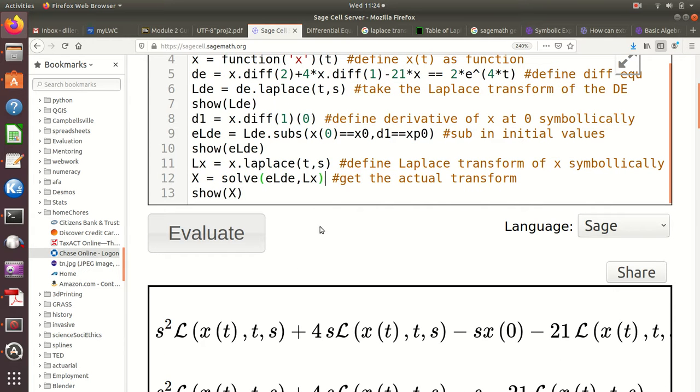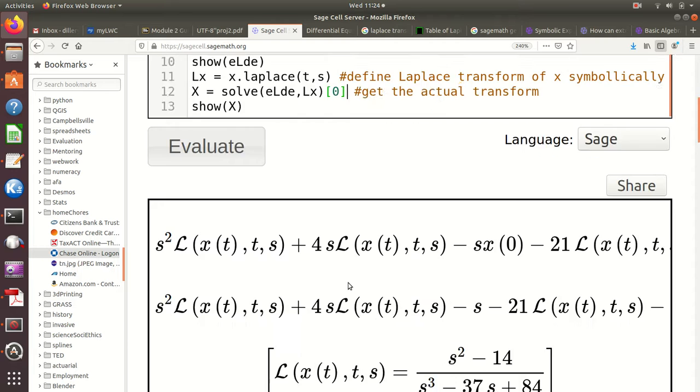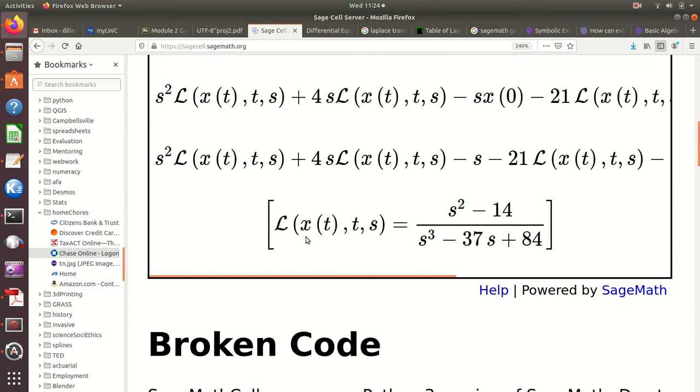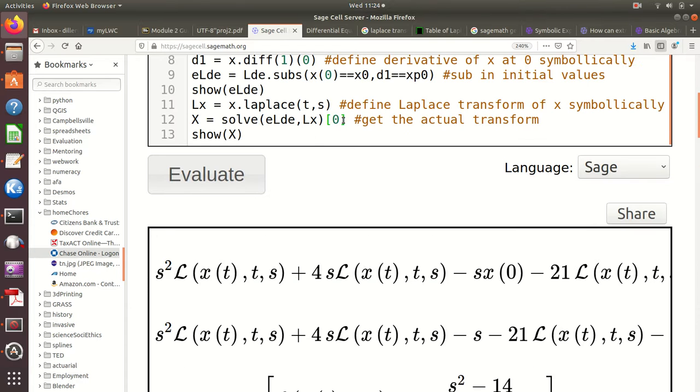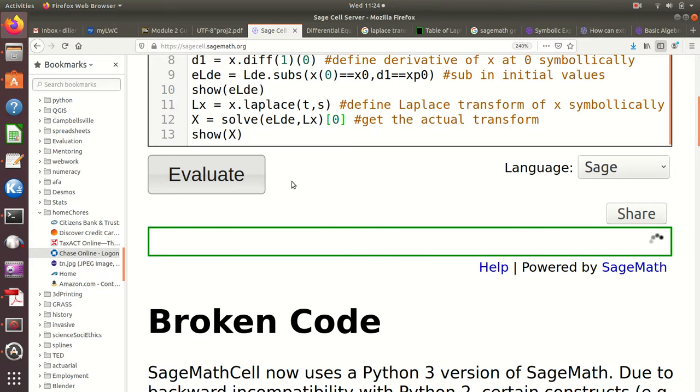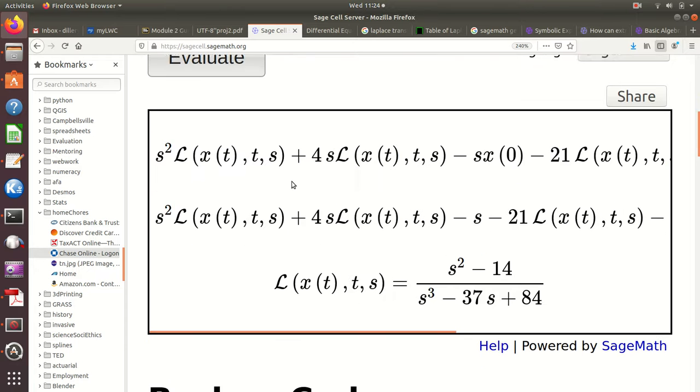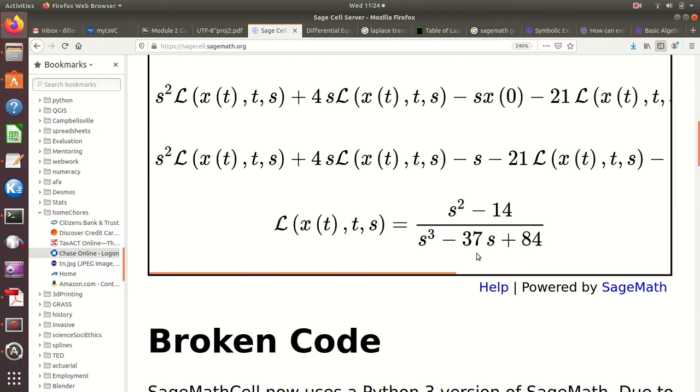The way I do that is I put square brackets and ask what row it was in. There is only one row, and our first row starts at row 0, so I said take the first row out of that thing. Now if I evaluate, look at that, notice it got rid of the square brackets.